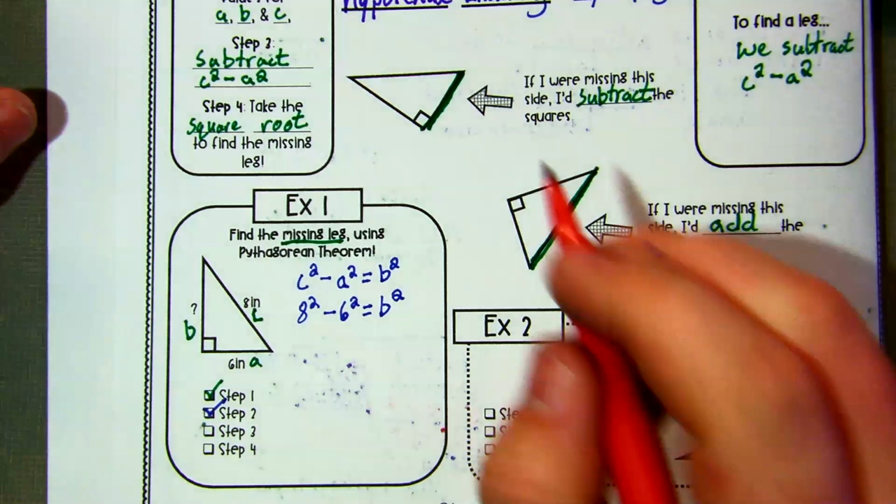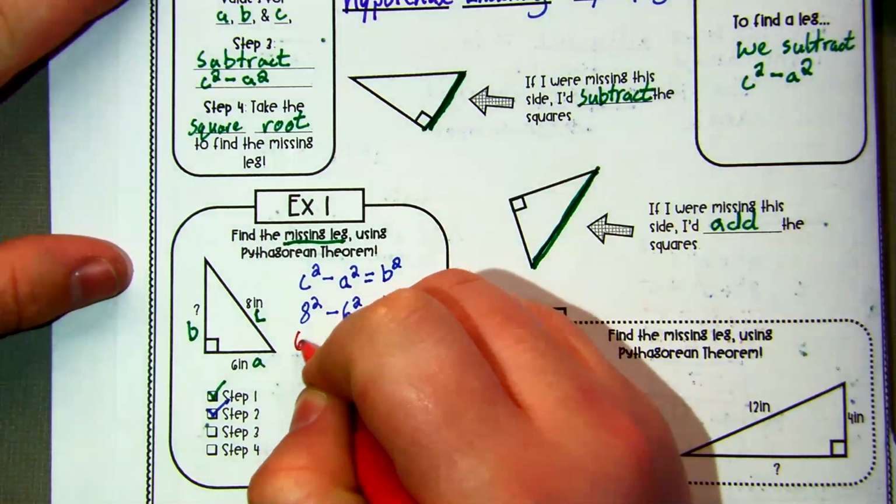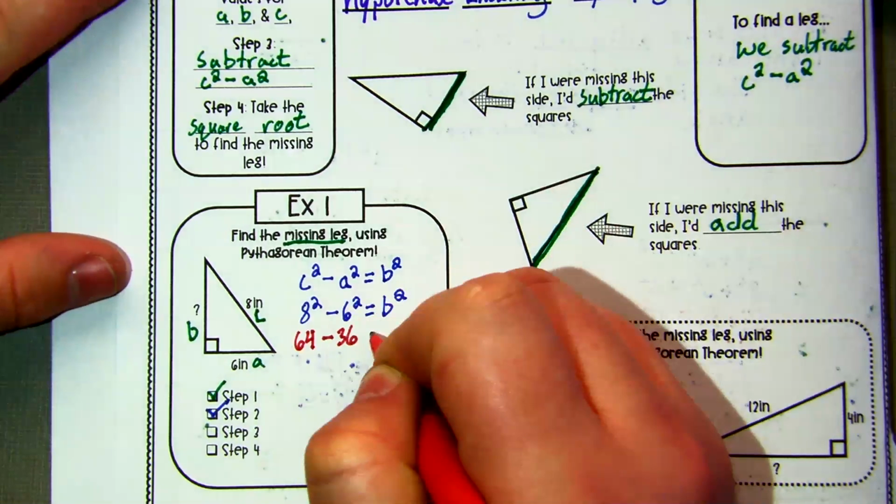All right. So in the chat, can you message me what 8 squared and what 6 squared are? Perfect. Yeah, I see it from a couple people. So 8 squared is 64. 6 squared is 36.